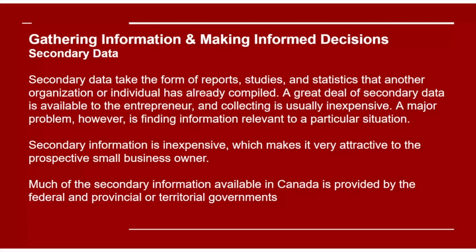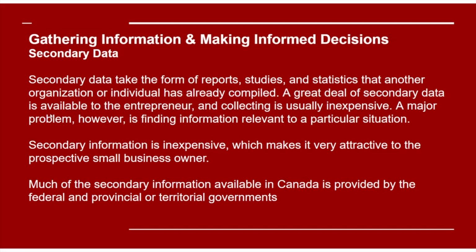Secondary data is taken from reports, studies, statistics, all kinds of stuff that you can take a look at. A great deal of secondary data is available to the entrepreneur, and collecting it is usually pretty inexpensive. The major problem, however, is finding information that's relevant to your particular situation. Secondary data is inexpensive, which makes it very attractive to the prospective buyer. And much of the secondary information is available from federal and provincial governments.